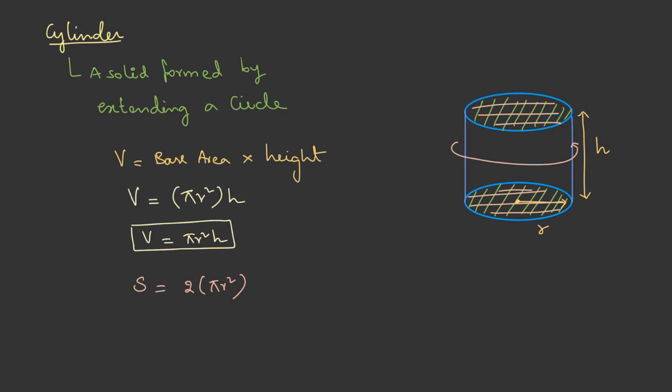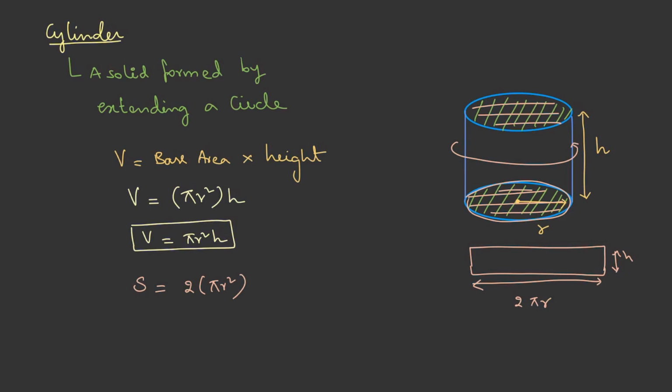In order to get the outer surface area, let me think of this as a hollow cylinder. If we take scissors and cut it open, it forms a plane sheet with the height h, and this length is basically the circumference of the circle, which is 2 pi r.